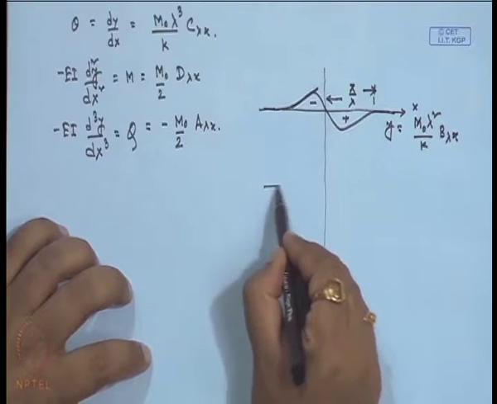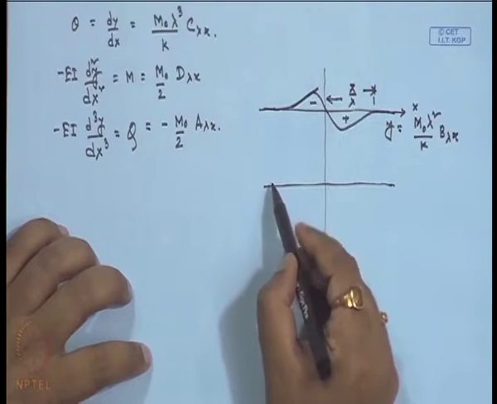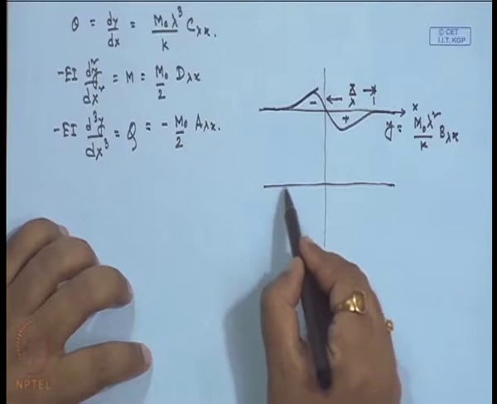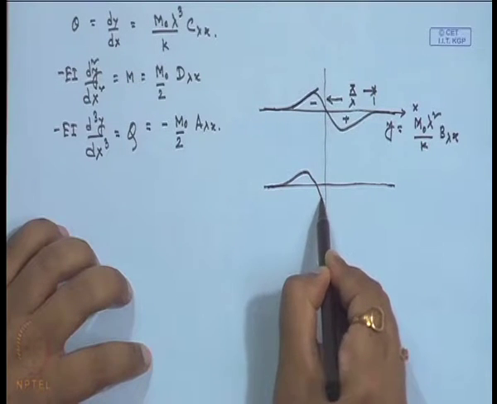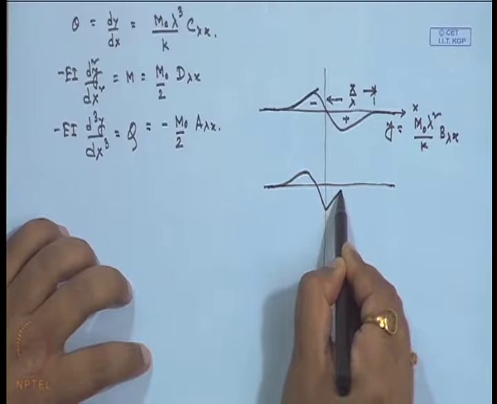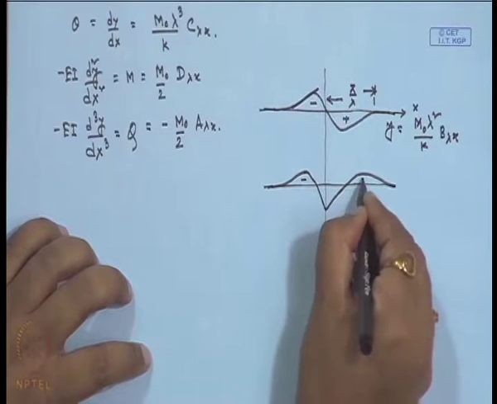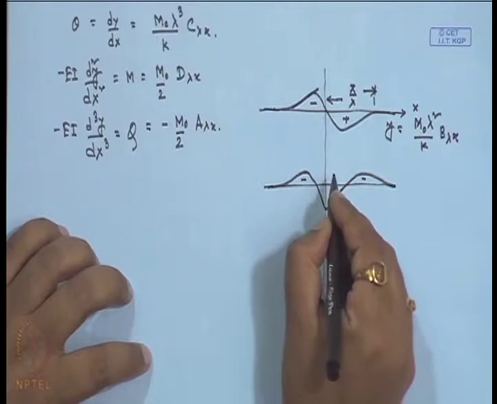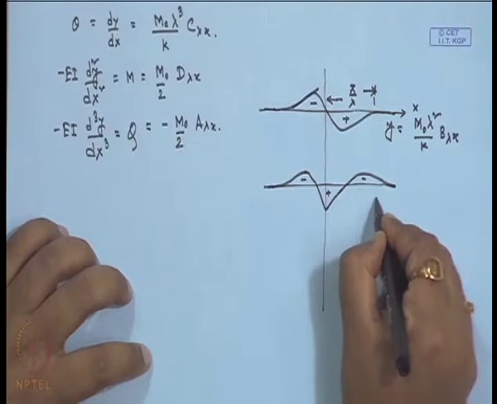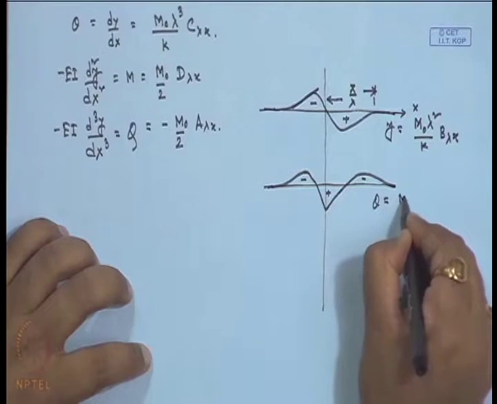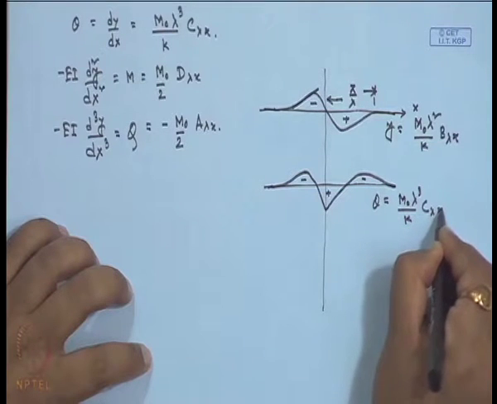So, next one is the bending moment diagram. So, the next one will be the slope diagram. So, that the slope diagram will be, this is all negative. So, this will be positive. So, the expression is theta is equal to m 0 lambda cube divided by k c lambda x.